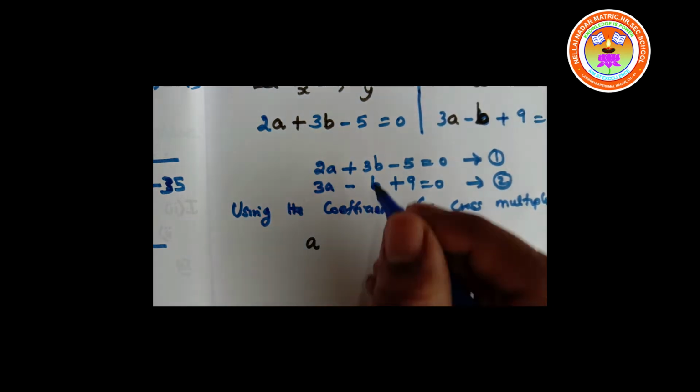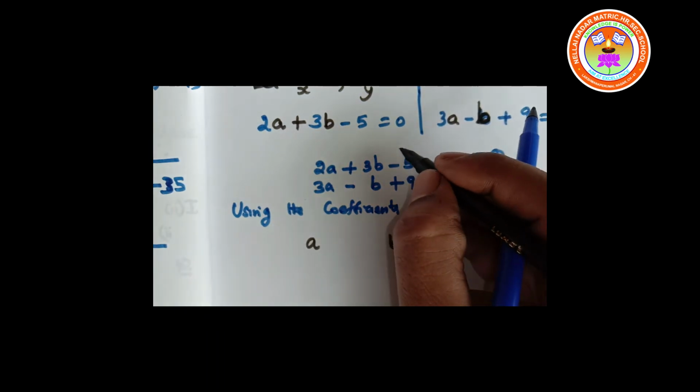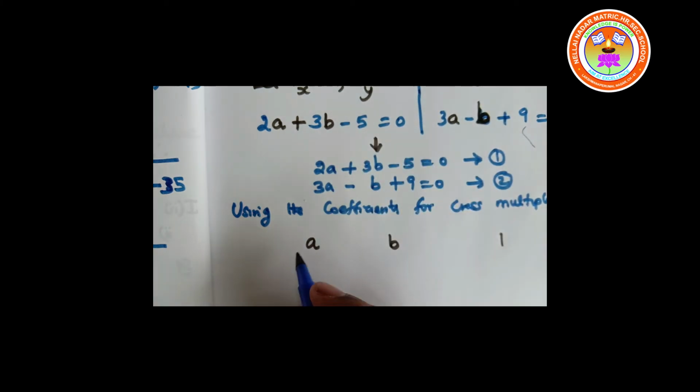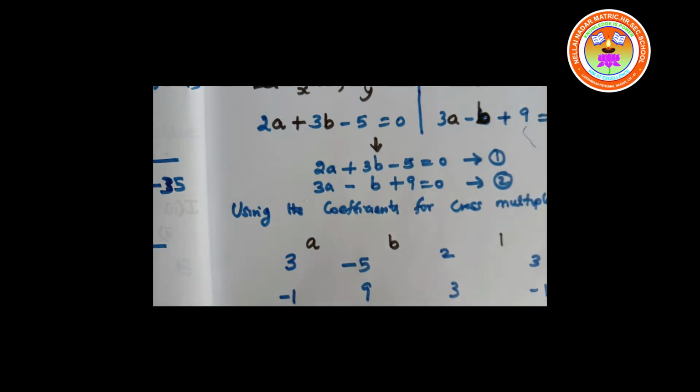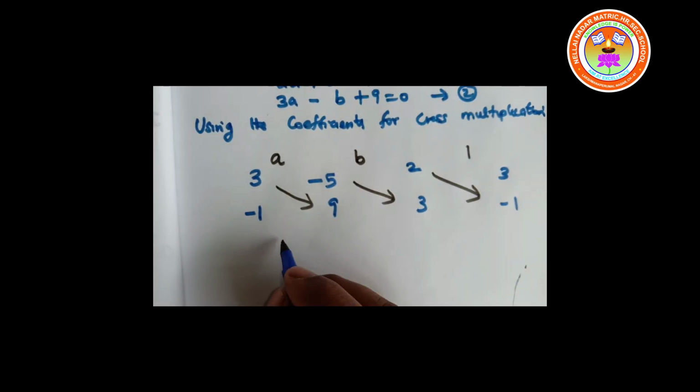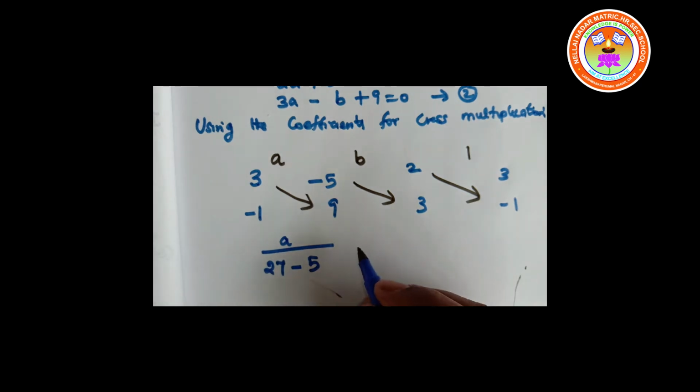Okay. First always consider middle value b coefficient, that is 3, minus 1, minus 5, 9, 2, 3, again 3, minus 1. So first you are going to calculate main diagonal. Okay, children, now see: a divided by 3 9s are 27 minus 2, minus plus 5 1s are 5, right?